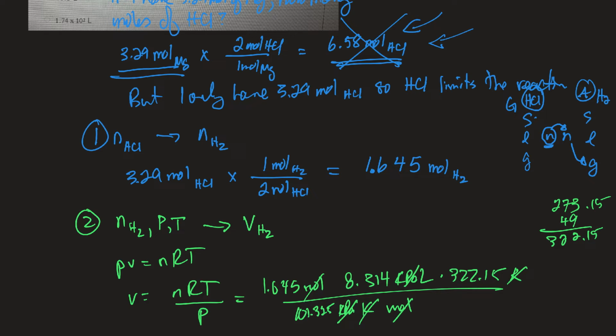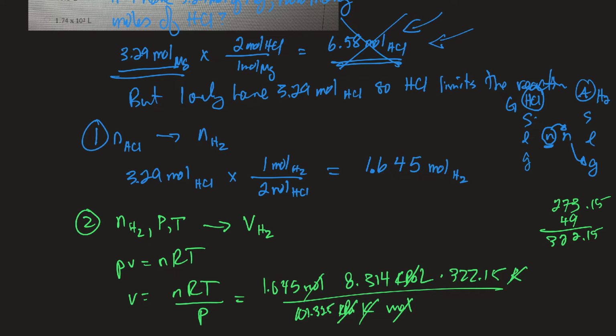Okay, let's do this on my calculator. So 1.645 times 8.314 times 322.15, divided by 101.325.